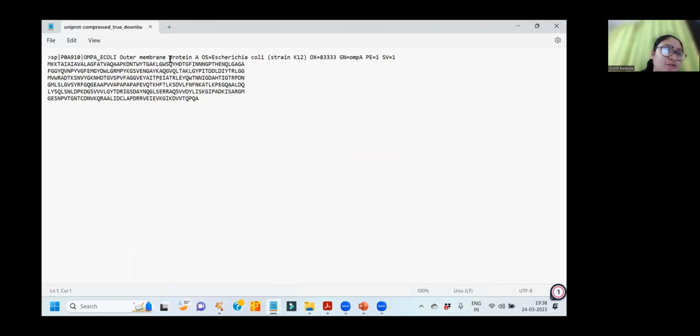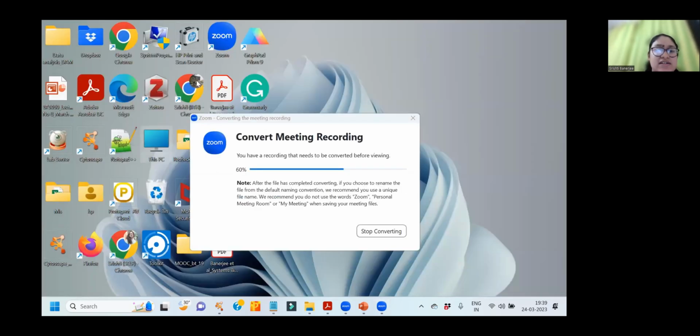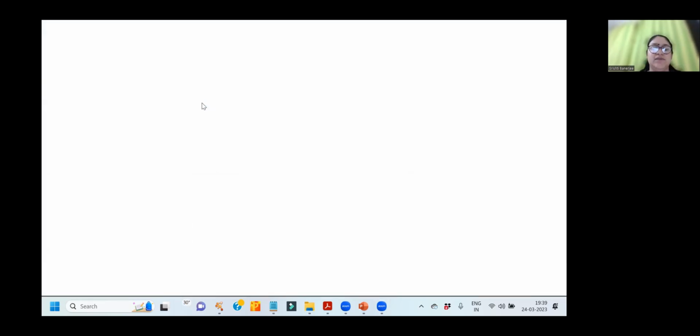Outer membrane, it's a porin protein of E. coli strain K12. So this is how a FASTA file looks, that it has a greater than sign SP, and so on. So we have to download such a FASTA file, which is also available in PDB. I have not downloaded it from PDB, but I've just shown it for showing purpose. And then we are going to SPC Swissprot.